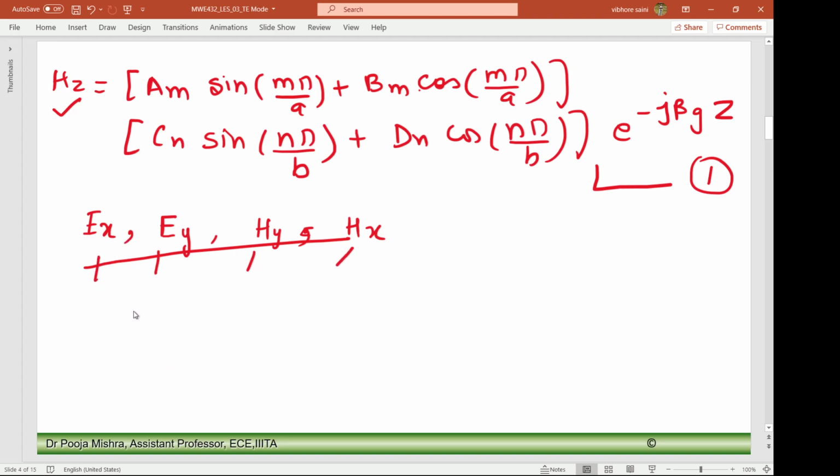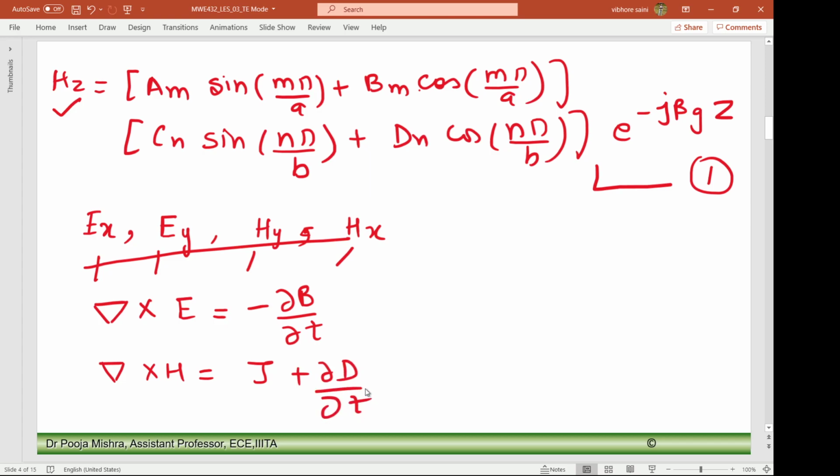We only know Maxwell's equations. Okay, so what are the Maxwell's equations that may be used here? Del cross E is equal to minus del B by del t, and del cross H is equal to J plus del D by del t. Since we have not assumed any impressed current here, this J we may assume as 0, and we'll solve this equation for frequency domain representation, which will be easier to solve.